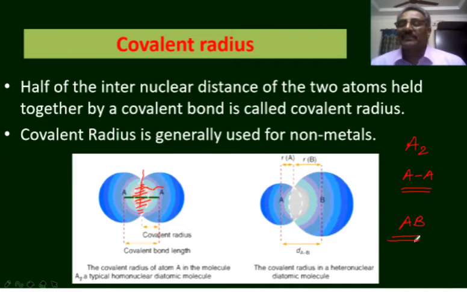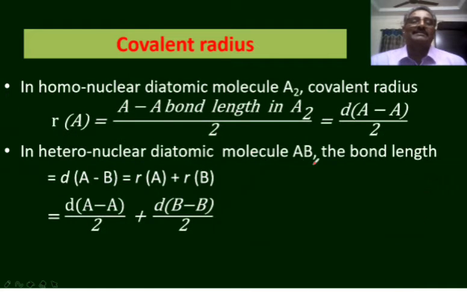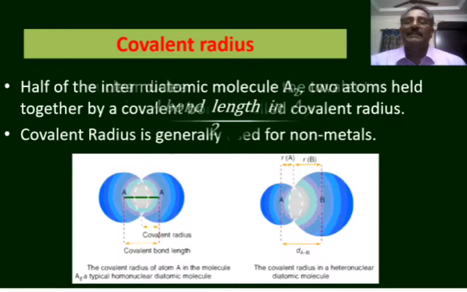In the case of a heteronuclear diatomic molecule, the distance between two atoms of different elements is measured. If the covalent radius of one of the atoms is known, the covalent radius of the other atom can be calculated. Let us see how. In the case of homonuclear diatomic molecule A2, covalent radius Ra is equal to AA bond length in A2 by 2, that is equal to dAA by 2.